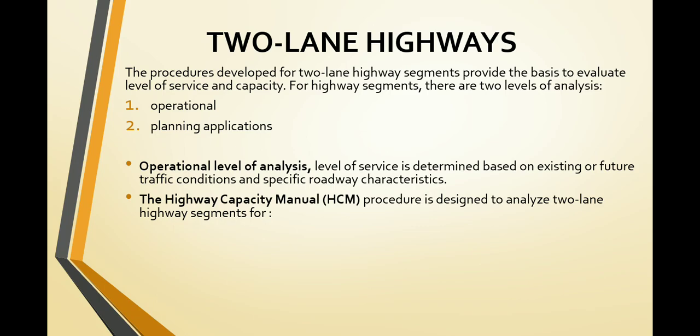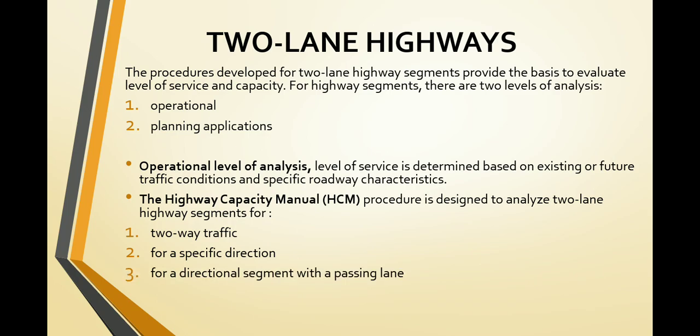The Highway Capacity Manual, or HCM, procedures are designed to analyze two-lane highway segments for two-way traffic, for a specific direction, and for a directional segment with a passing lane.